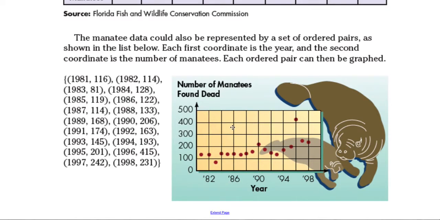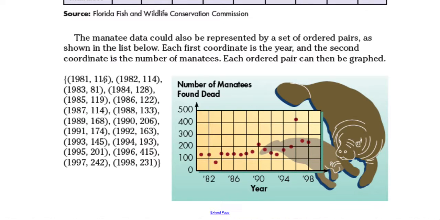Now why is this important? What does it have to do with what we're trying to learn? Remember, the title of the lesson is relation, and if you notice, there is a relationship between the year and the number of manatees found dead for that particular year. So these two numbers are related to each other.